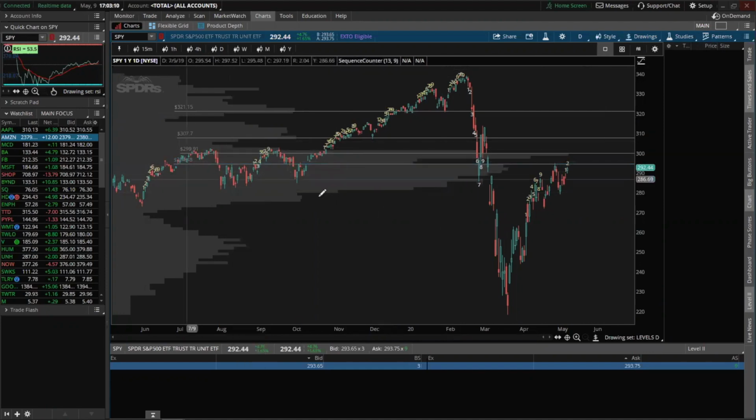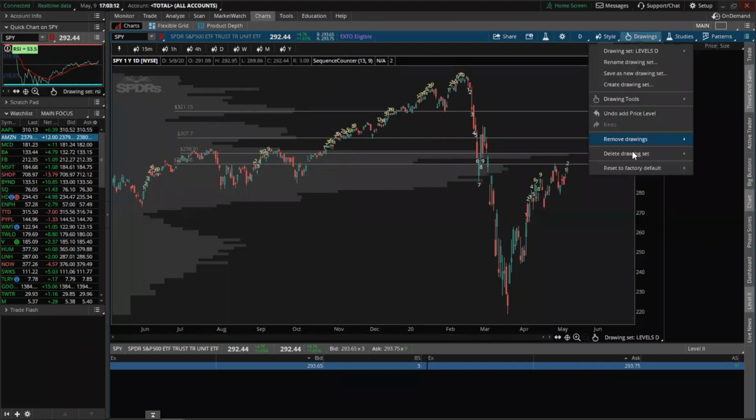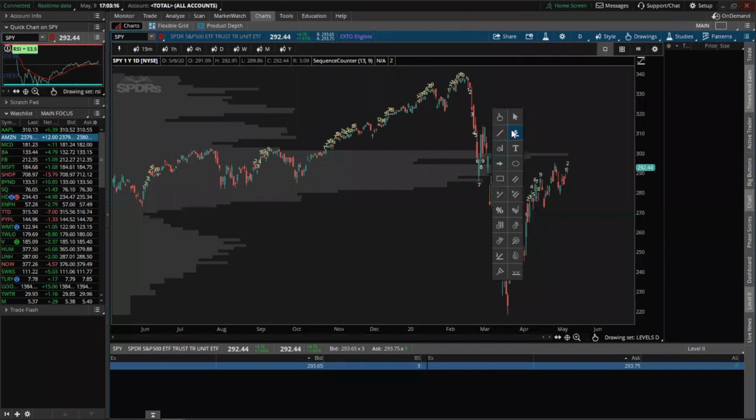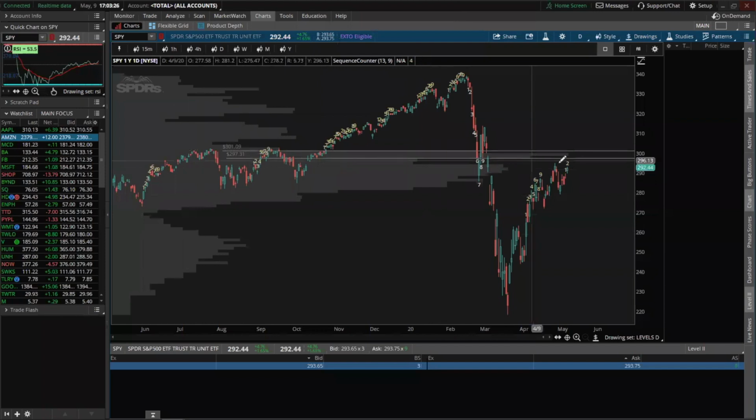If I want to make it a little bit more complicated, you would say this is an area of interest in supply, sellers. Now, if we break this one, it becomes support. This one is still a resistance. If we break this one, we enter a new area.